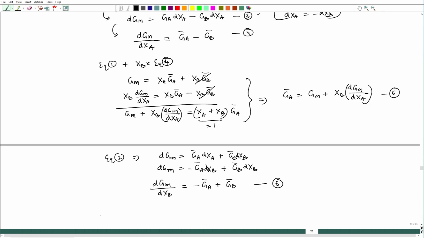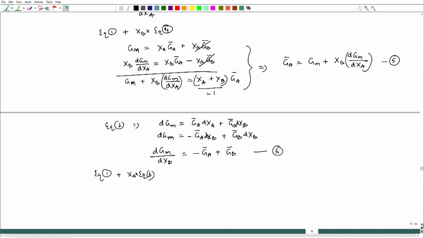Now, let us take equation 1 plus XA into equation 6. Let us see what happens there.